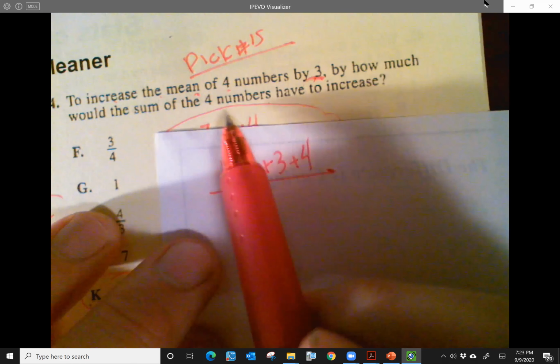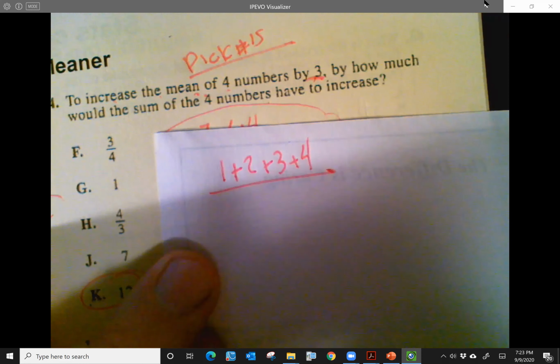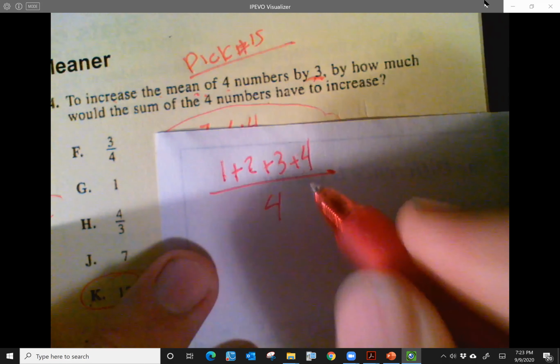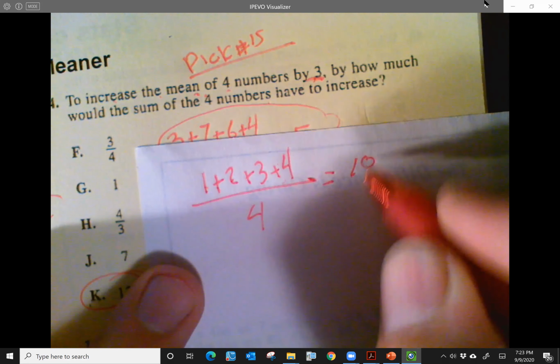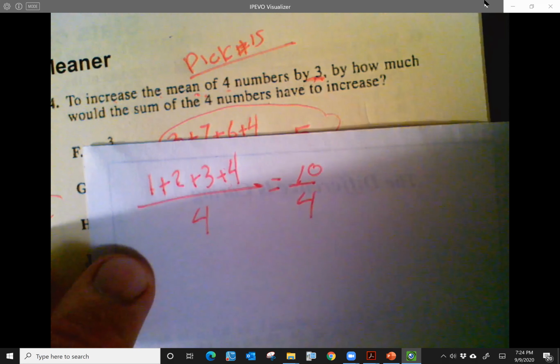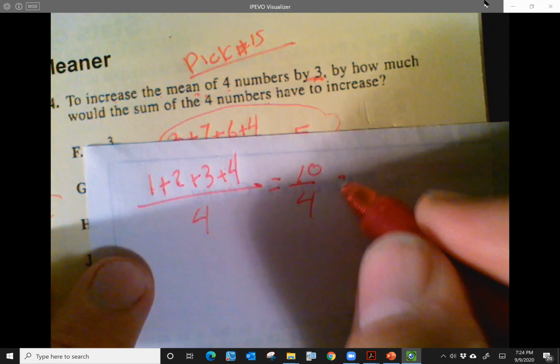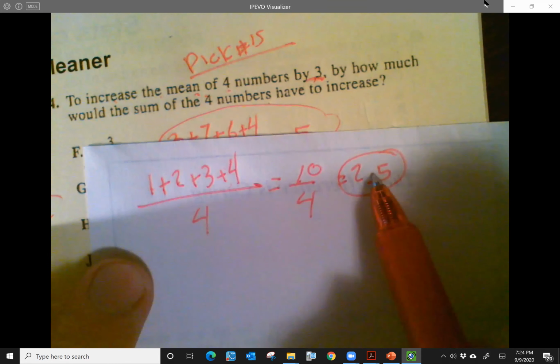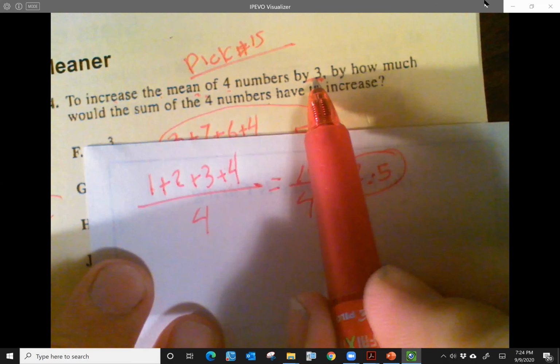Because we want the mean to increase by 3, right? If I add these up and divide by 4, so I have 7, 8, 9, 10. So this equals 10 divided by 4, which in a calculator would be 2.5, right? Now, I want this number to increase by 3.